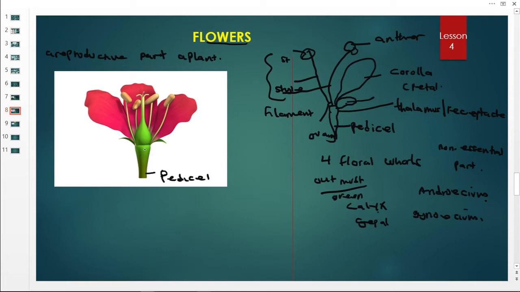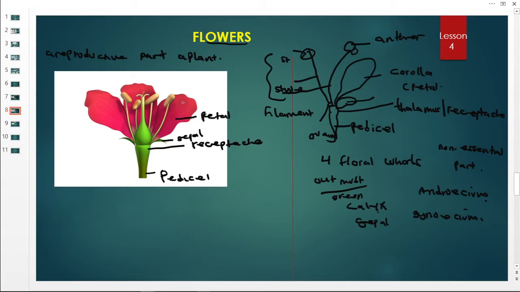Then this swollen part here is what we call the receptacle or the thalamus, onto which the four floral whorls are arranged. The first whorl is this one, the sepal, green in color. When they are very many, in a group, they form what we call the calyx. Then the second floral whorl is brightly colored, and this one is called the petal.